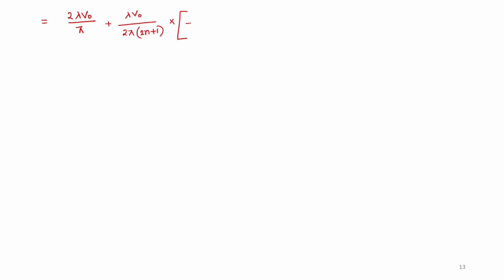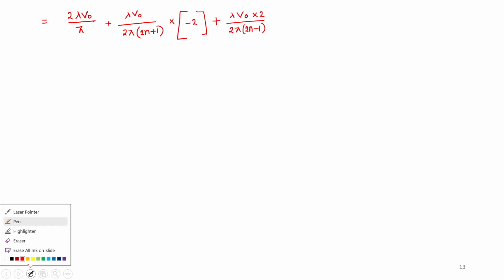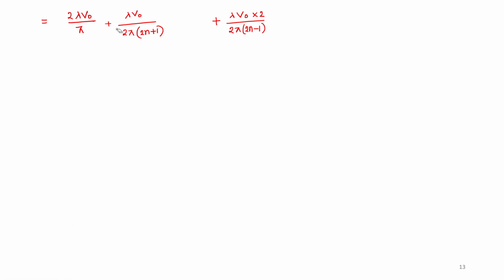So we are going to get minus 2 here, right? Similarly, we are going to have minus 2, so minus will become plus. It is lambda v0 by 2 pi, 2n minus 1 into 2. So I'll write it in a different unit. It is actually 2, right?